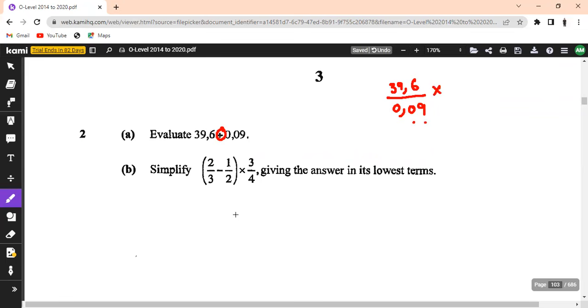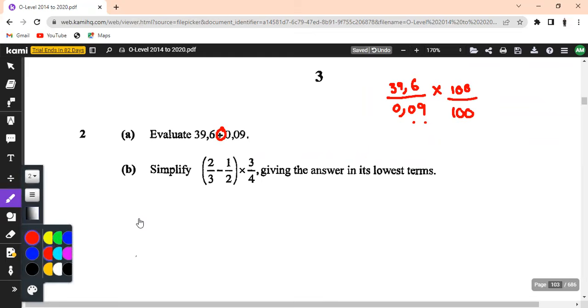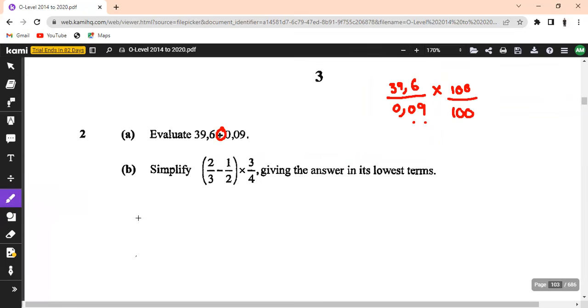So we're going to multiply by 100 over 100 in this case. Multiplying by 100 simply means we are going to move 2 commas to the right, that is 1, 2. So in place of this, we are going to put a 0 in that groove.